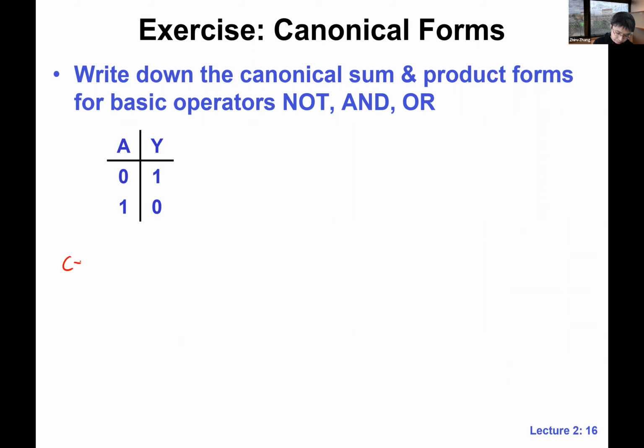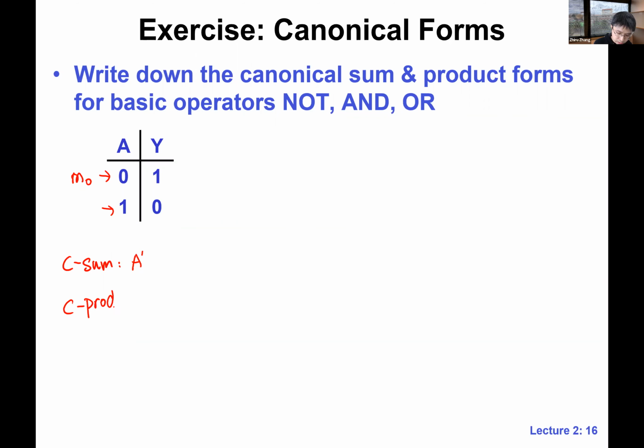What is the canonical sum over here? What's in the onset? This is the onset, small m0. How do we spell it out? A is 0, so for the min term, we invert it: A prime.